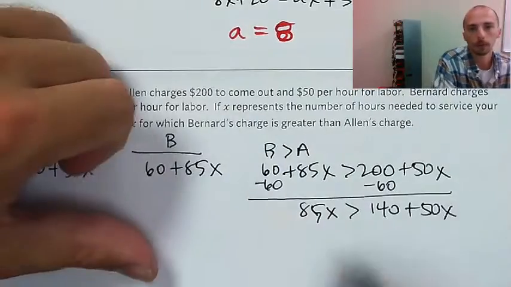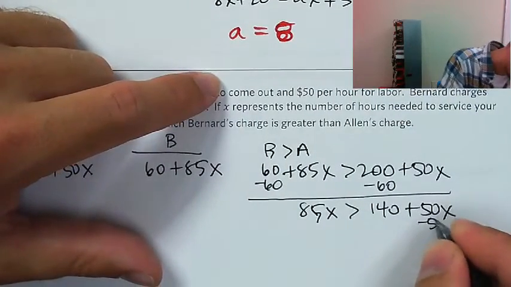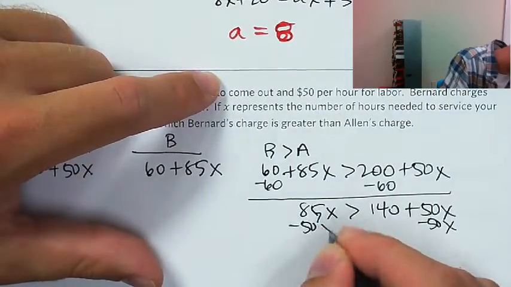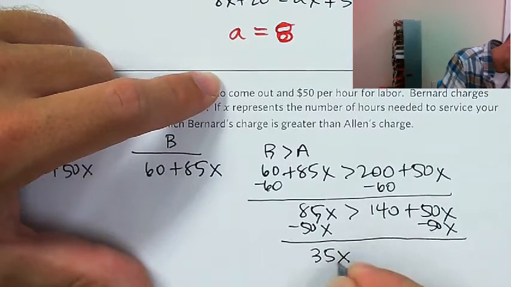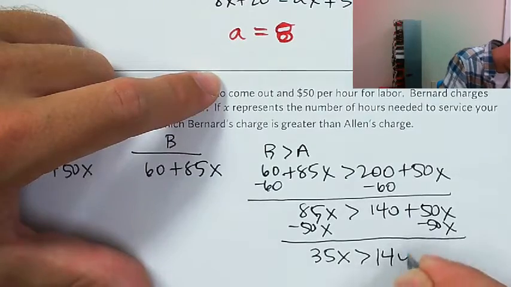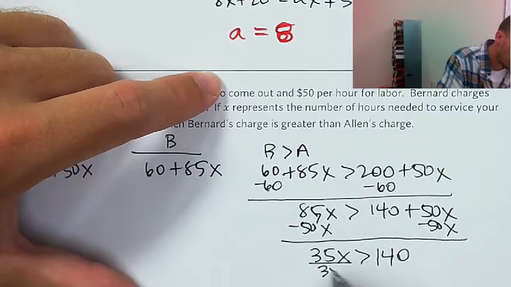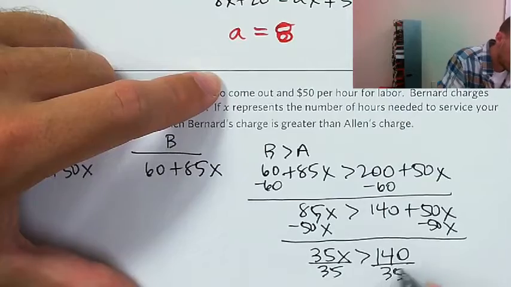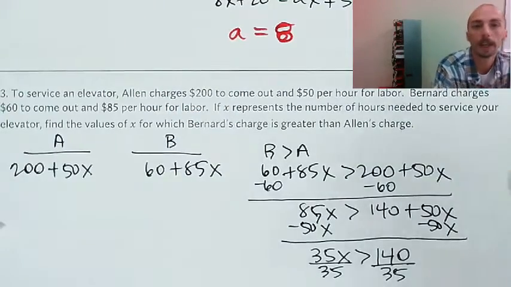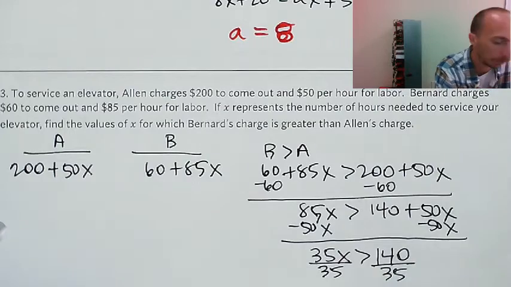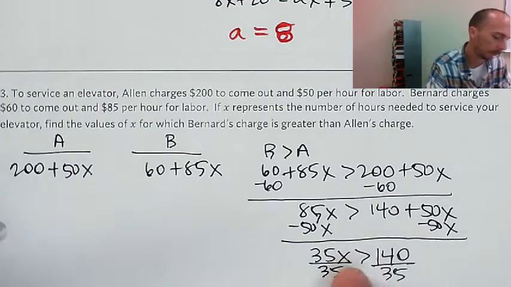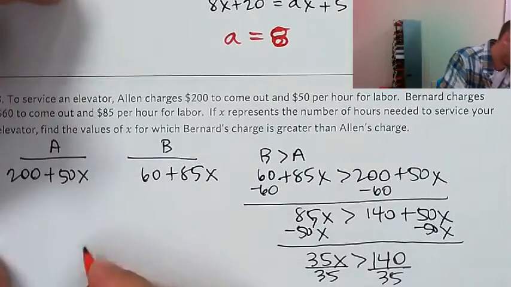Okay, there's fewer x's over here, so I'm going to subtract them. 85 minus 50, that's going to be 35x is greater than 140. I'm going to divide both sides by 35. You might think, I can't divide 140 by 35, but I think you can. Because you know what 35 times 2 is, right? That's 70, half of 140. So 35 times 4 is 140. Okay, so x is going to need to be greater than 4.